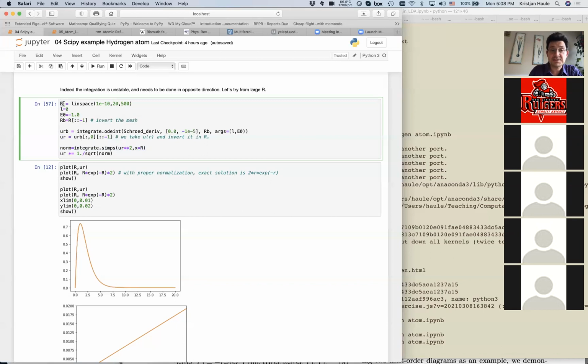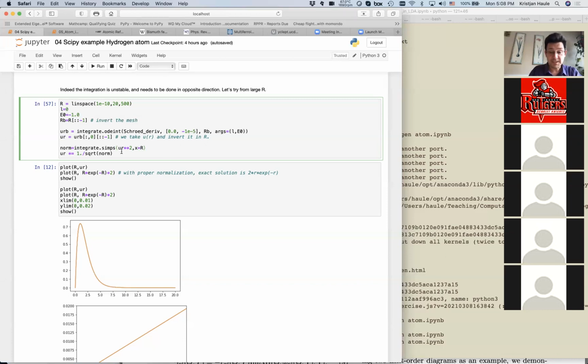Discrete points are in the horizontal direction, corresponding to R, and in the vertical direction to UR. So in this case, we have to use an integration routine which can integrate a function from samples, so-called integration from samples.